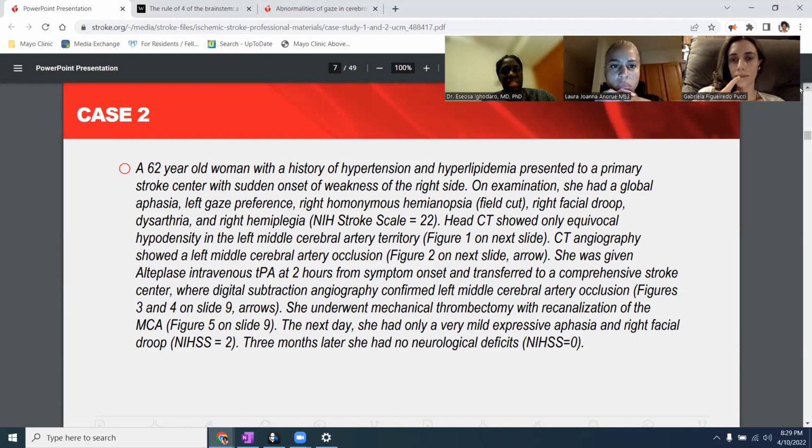Yeah, I'll have to read the guidelines. I know sometimes, if let's say this guy presented outside the window of TPA, is that when you load with aspirin Plavix? Instead of, so that's something that maybe one of these cases will.